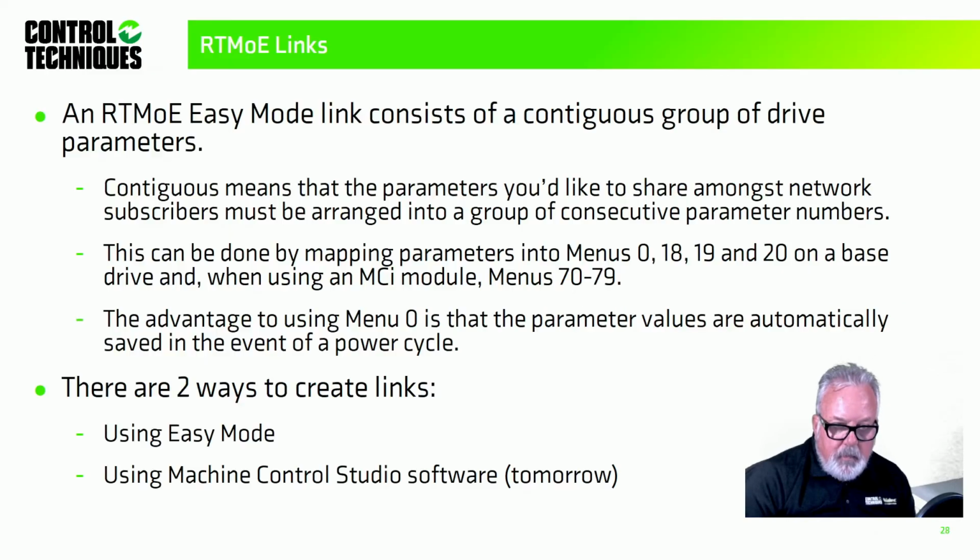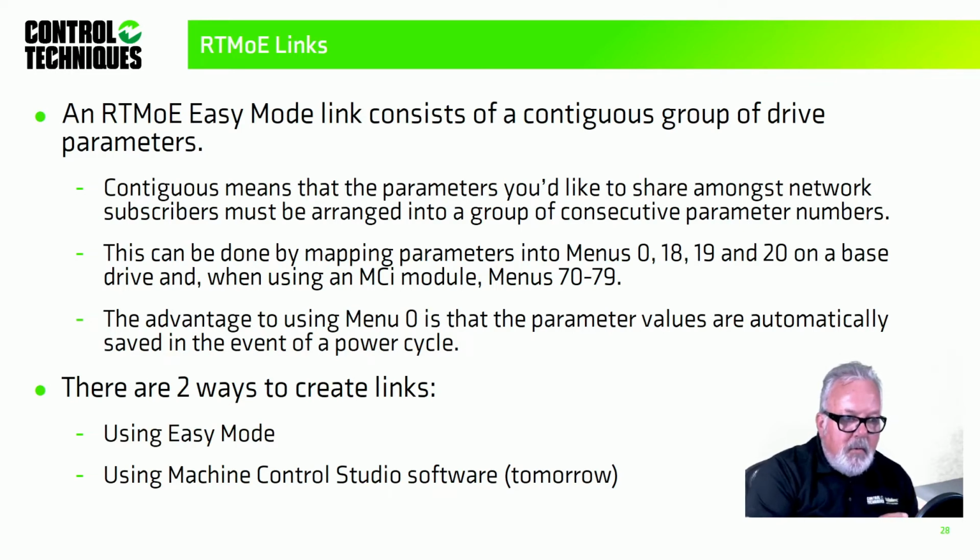So an RTMoE easy mode link consists of a contiguous group of drive parameters. So what I mean by contiguous is the parameters that you'd like to share amongst the network subscribers have to be arranged into a group of consecutive parameter numbers. So what I can't do is send the feedback position, which is menu 302, and the drive enable status, which is menu 629.